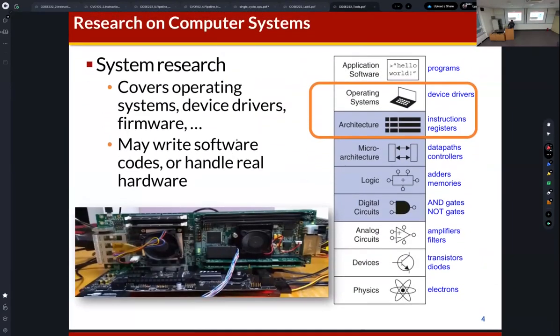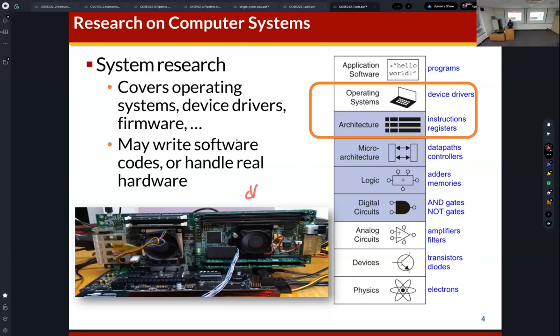We are learning about the hardware system of computer systems, right? But as you can see, hardware systems are very complex. These are some examples. We can use real hardware for our research. I use this development board. We can use real systems for computer system or computer architecture research.